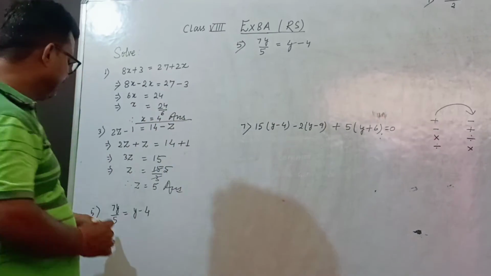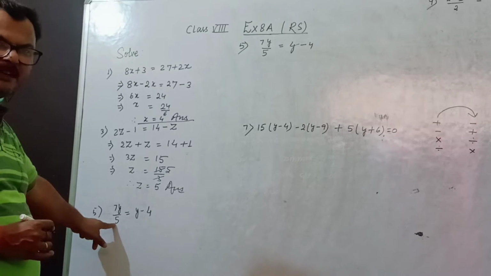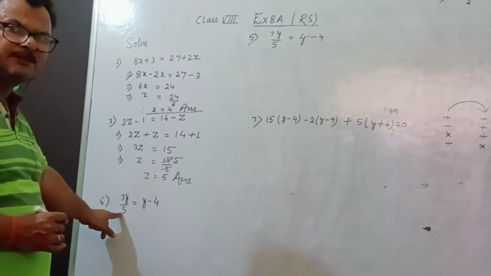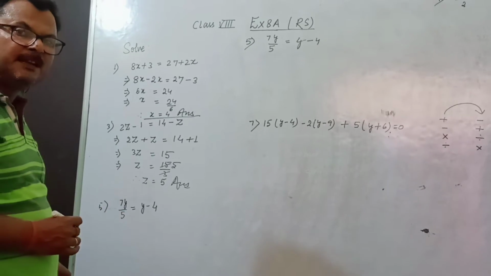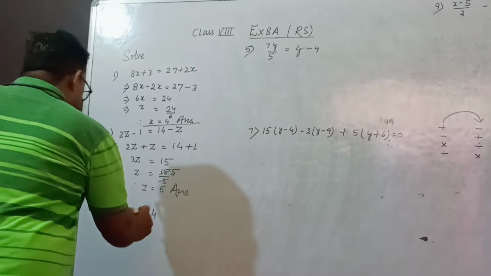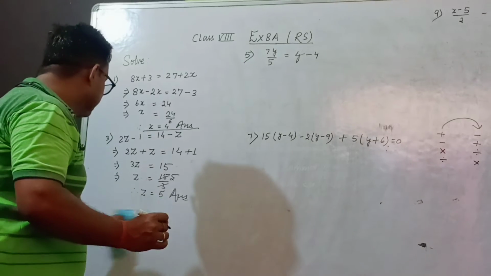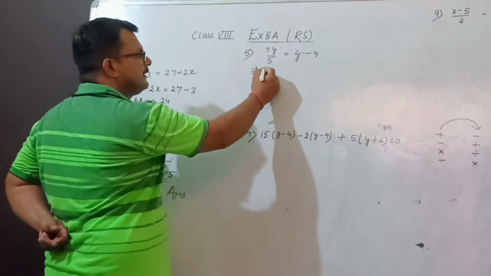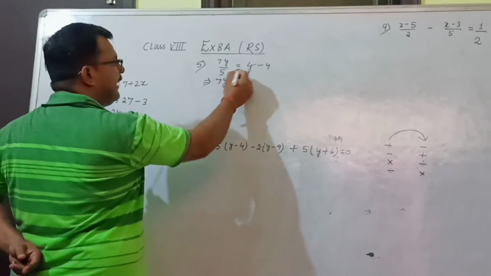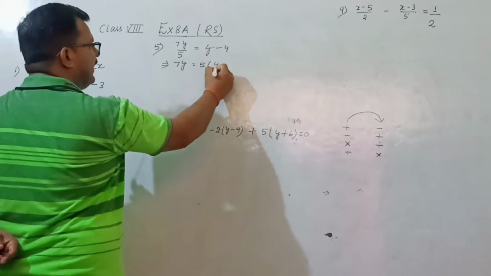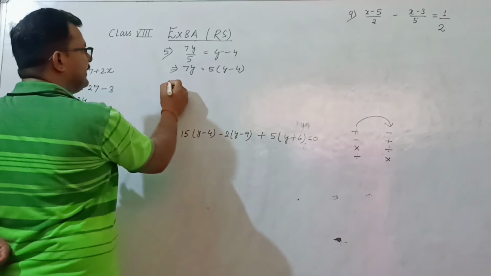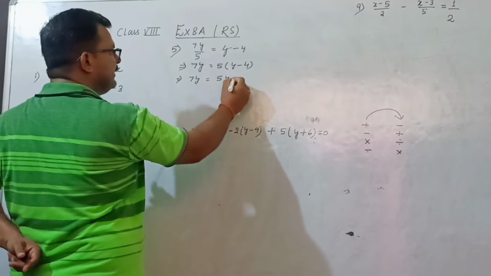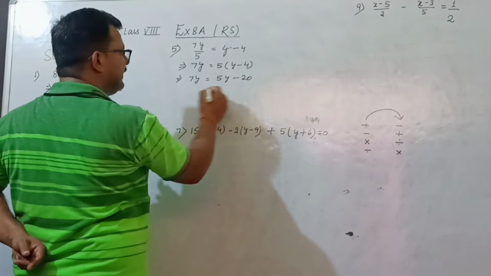Next question, you see here. Here you observe 5 is dividing. Upon means dividing here. And if you transpose this 5 from left to right, it will multiply. This 7y and this 5 will multiply this side, so y minus 4. Now open the bracket, 5 into y, 5y, minus 5 fours are 20.